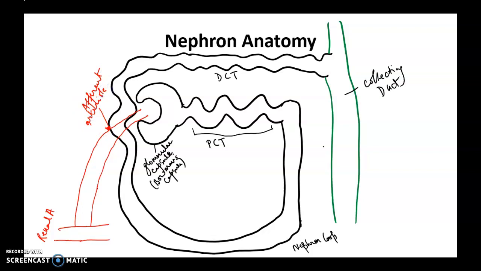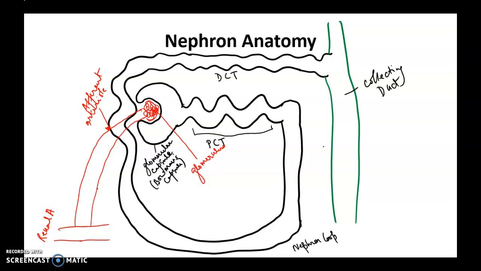The afferent arteriole will give rise to a capillary bed here, and this capillary bed has a name, this is called glomerulus. Say it aloud, glomerulus.